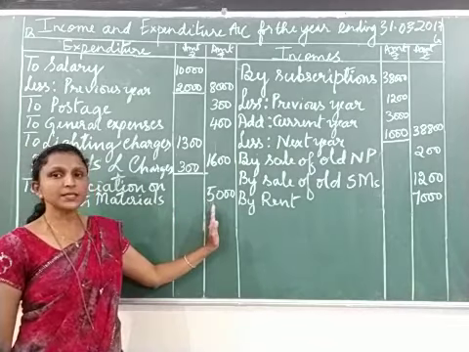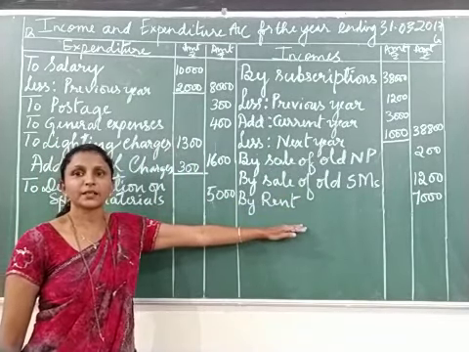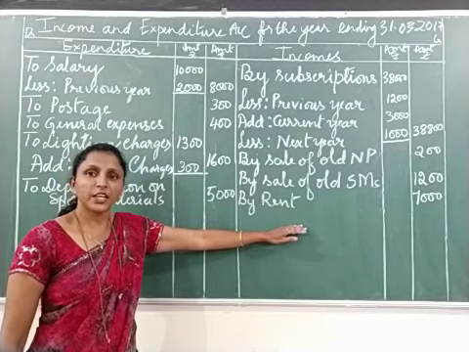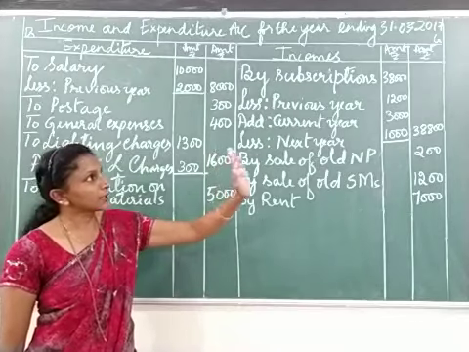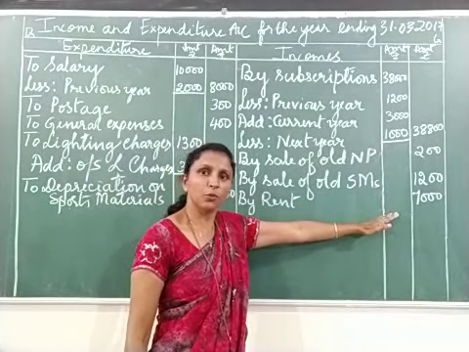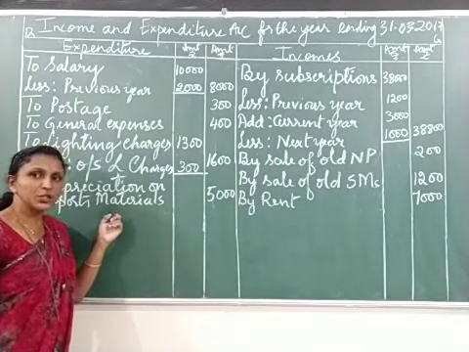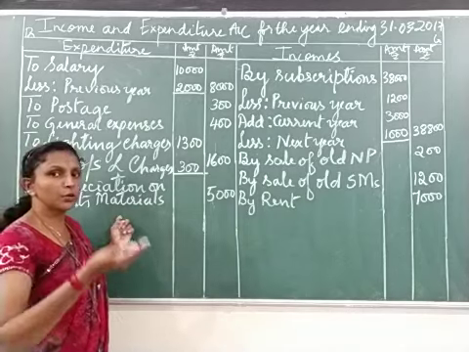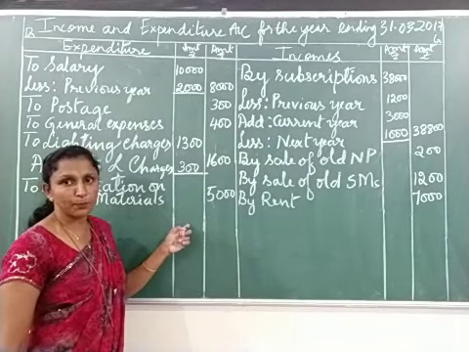If the expenses are more than the income, we get the balance on the other side, that is considered to be deficit. Okay. So in this problem, the credit side or income side total is more. Incomes are more, expenditure are less. So we are getting the balance on this side. When incomes are more, expenditures are less, the balance is called surplus.